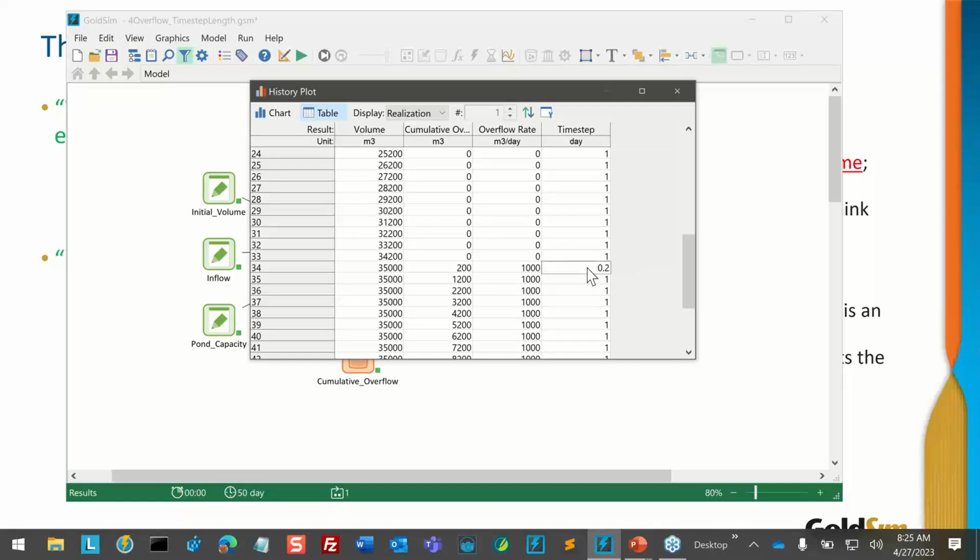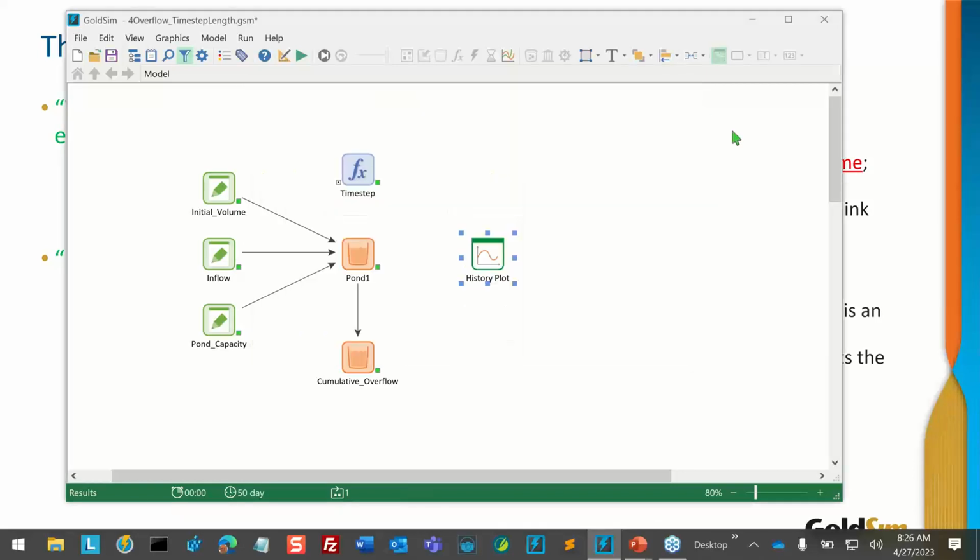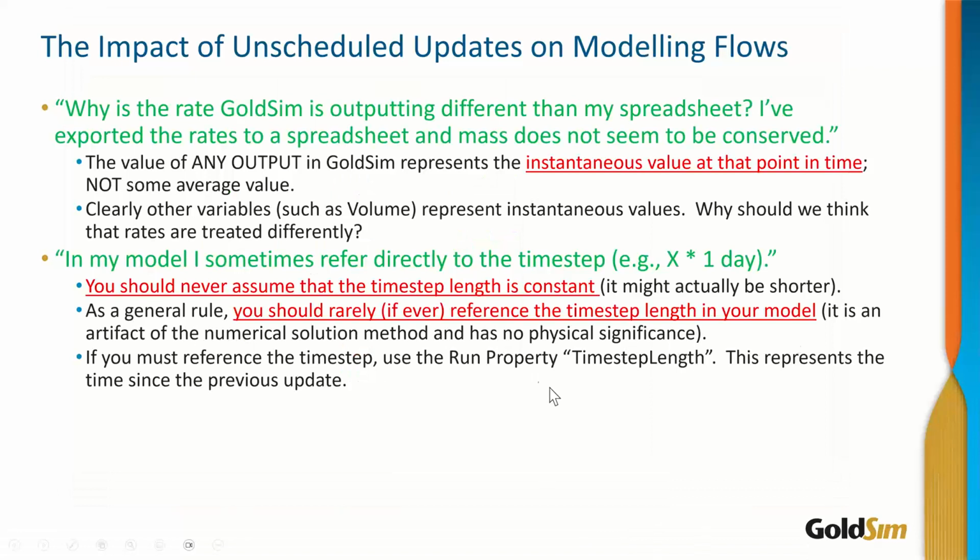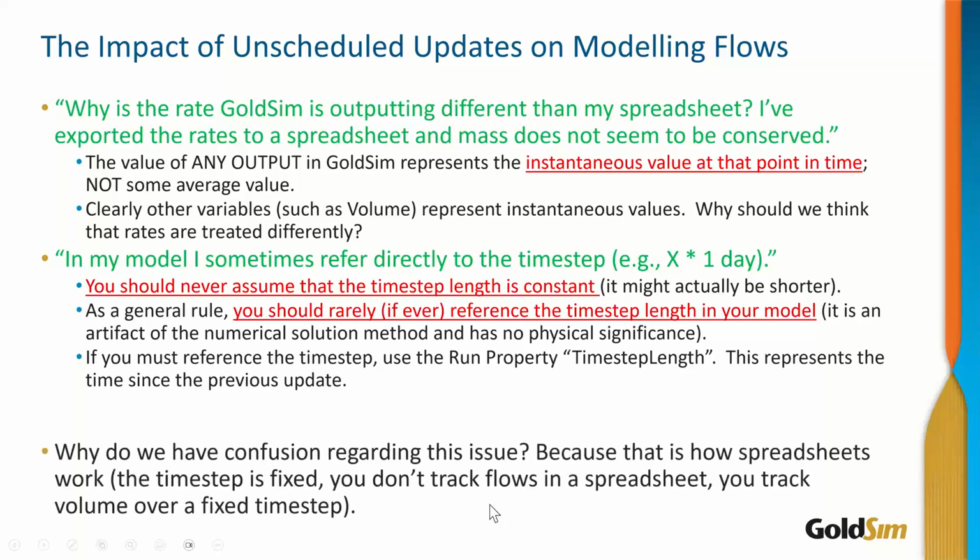So this is telling you, oh yeah, I updated the model at 33.8 days. So the time step length refers to the length of the previous time step. If you know that, in situations where you must, for some reason, reference a time step, use that property and you'll be okay.